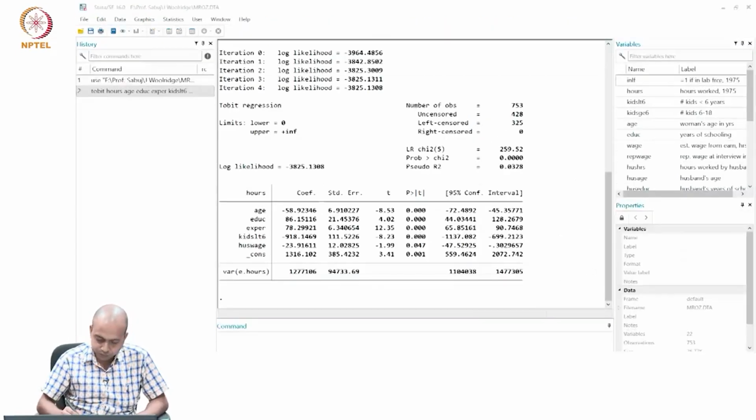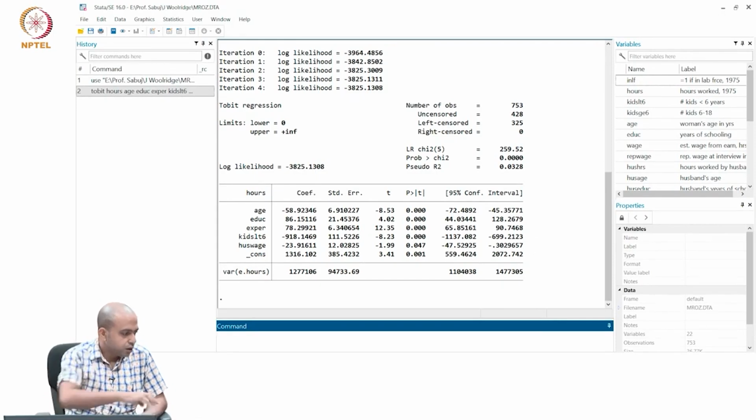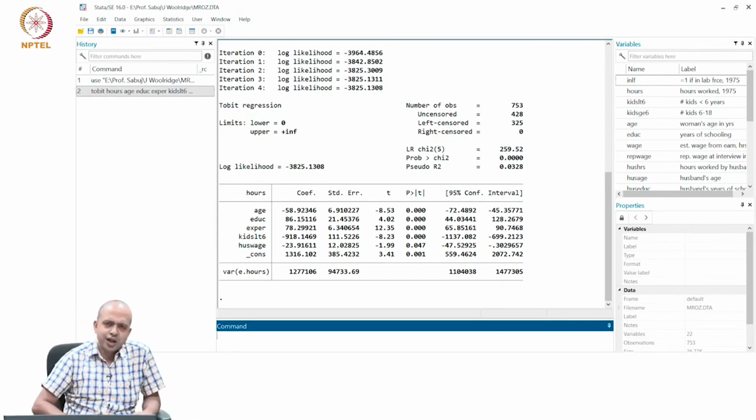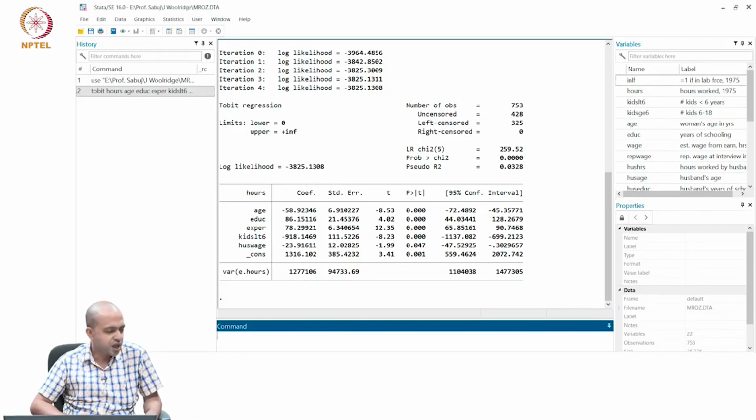And then you got this model. Now, the next question is, how are you going to interpret this coefficient? Are we going to interpret these coefficients as marginal effects?